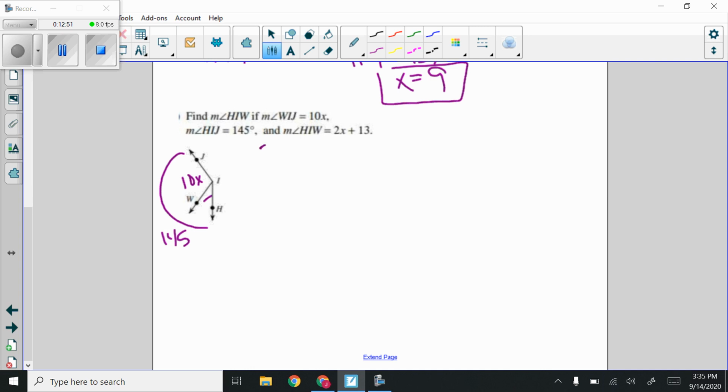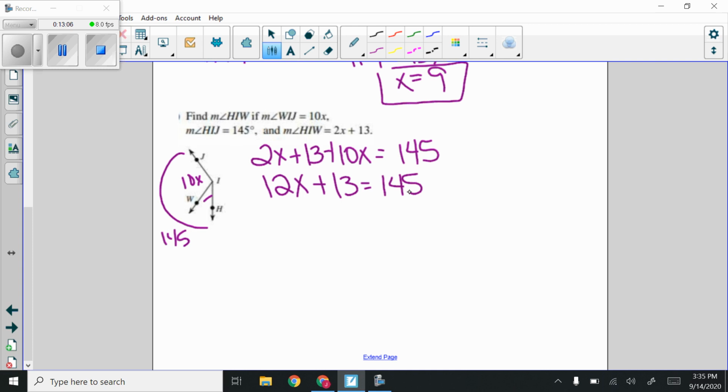So again, add them together. 2x plus 13 plus 10x has to equal the whole thing, 145. Combine like terms, so I get 12x plus 13 equals 145. Subtract 13, so 12x equals 132. Divide by 12, x equals 11.